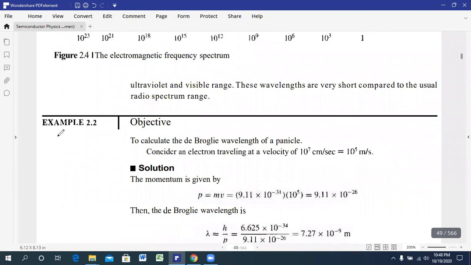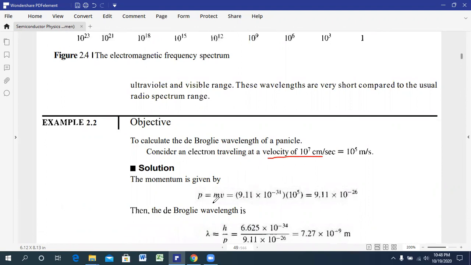Now, using these postulates, there are a few formulas. You will find this in example 2.2: calculate the de Broglie wavelength. That means you need to find the lambda value, and the electron velocity is given.